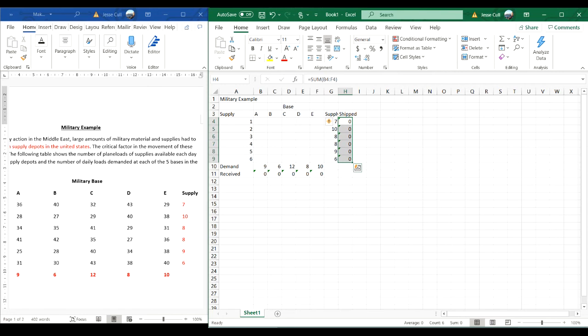Now we come over here and we're going to do it one more time. We'll call this base. Supply A, B, C, D, E, 1, 2, 3, 4, 5, and 6.